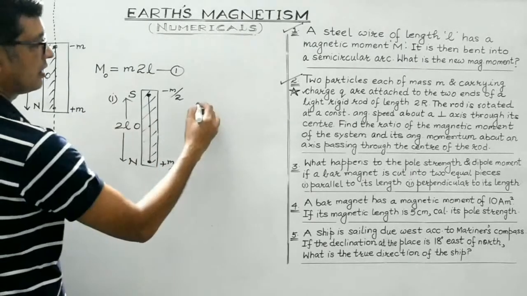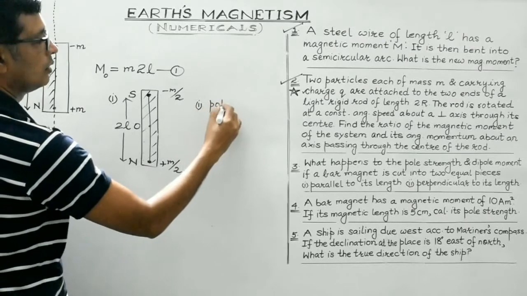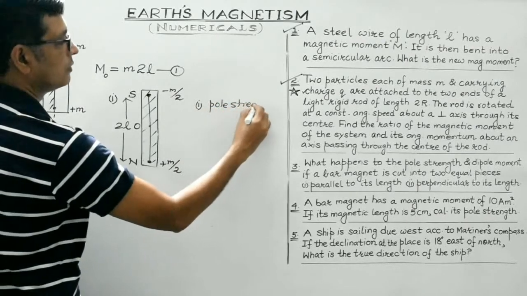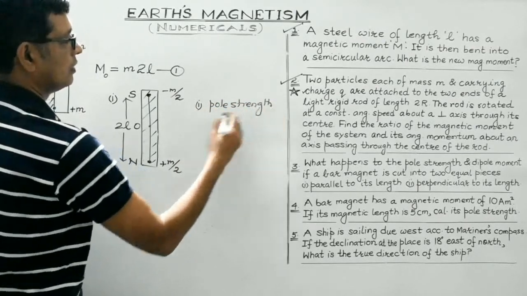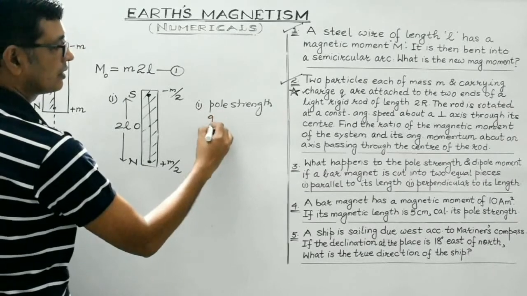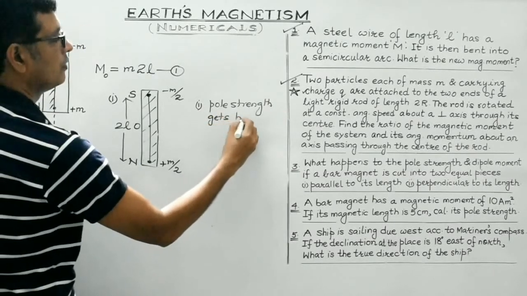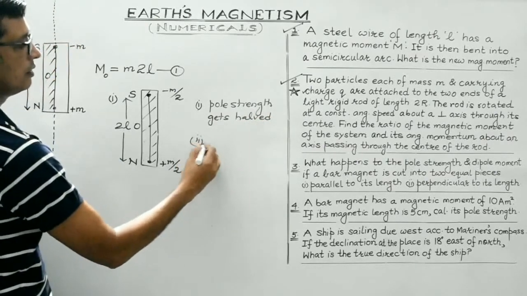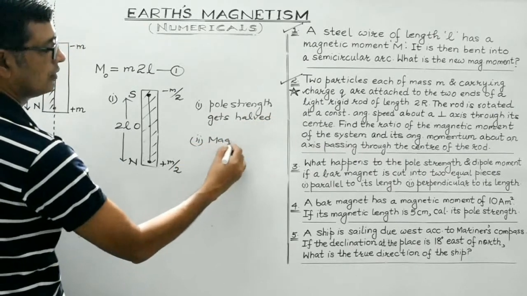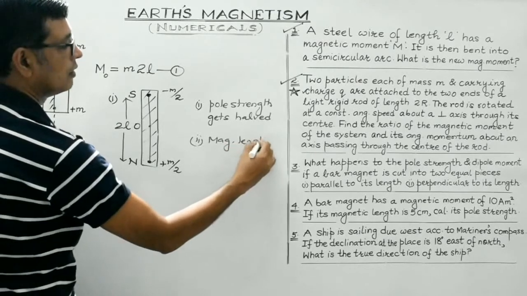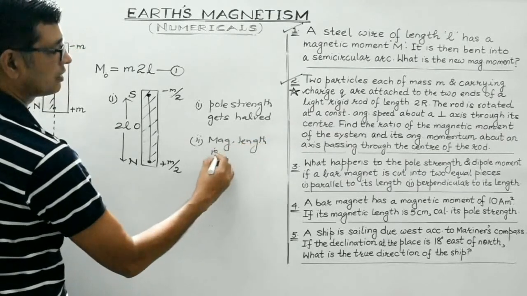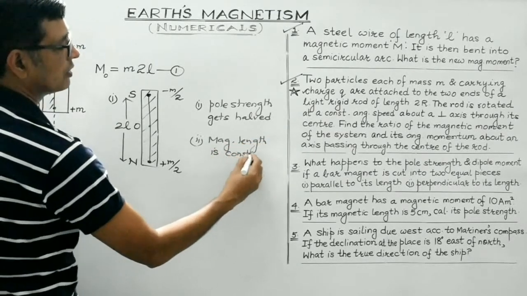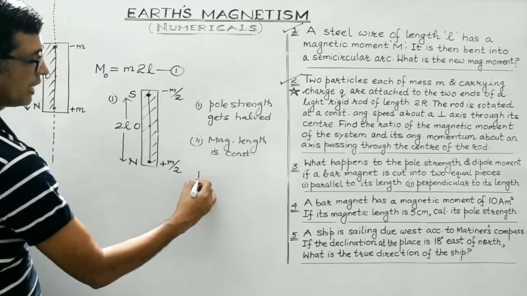So in this case, pole strength gets halved, and second, magnetic length remains constant.